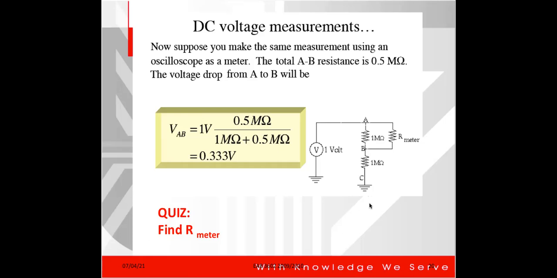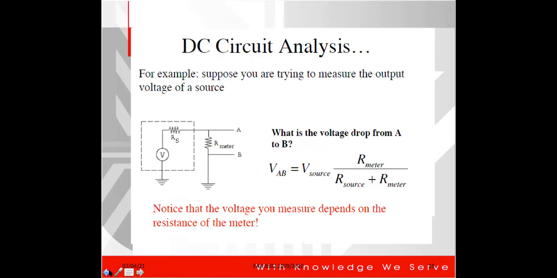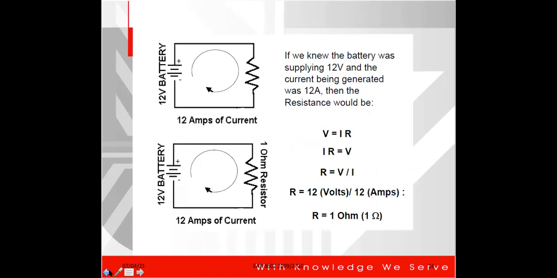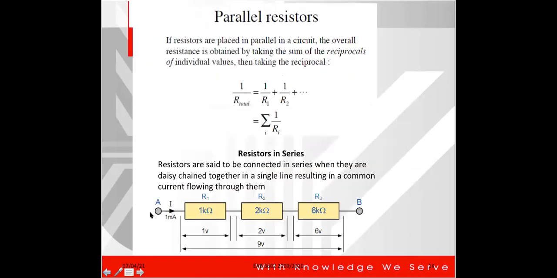Anybody else get an answer like that? Which equation do you use? Okay, I'll give you a clue. You need to use this equation. 1 mega ohm, Faris. Parallel resistors, because the meter is installed in parallel inside the circuit.